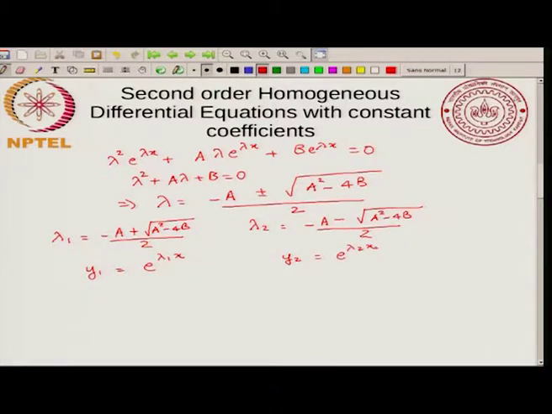Okay. Now, if lambda 1 and lambda 2 are distinct, then these two solutions are linearly independent. So, if lambda 1 not equal to lambda 2, then the solutions are linearly independent.